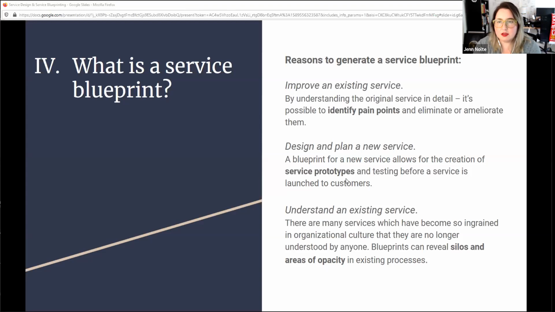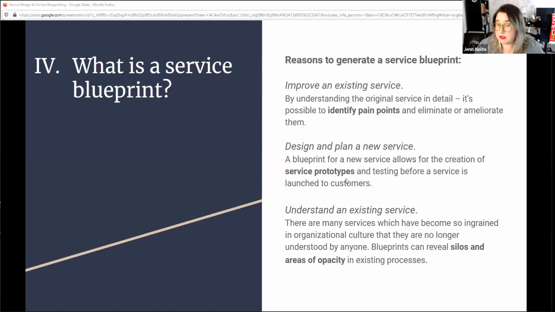Okay, so another reason to generate a service blueprint is to understand an existing service. This is similar to improving an existing service, but slightly different, right? You're not necessarily trying to change the service, but maybe you're trying to approach things in a different way.